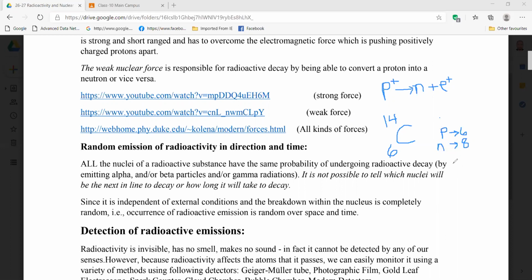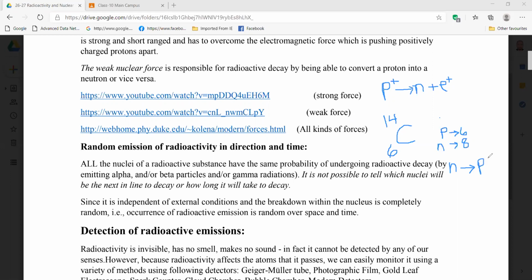How? Yesterday I showed you that one neutron will convert to what? Can anyone tell me? One proton and one electron. Excellent.